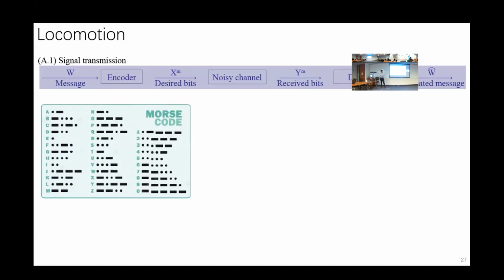Just for my amusement, here I show the Morse code. And here, the desired bits are transmitted over the noisy channels. And it gets contaminated. And we estimate the message with the decoder. And Shannon told us the estimated message W dash can be arbitrarily close to W, our original message.